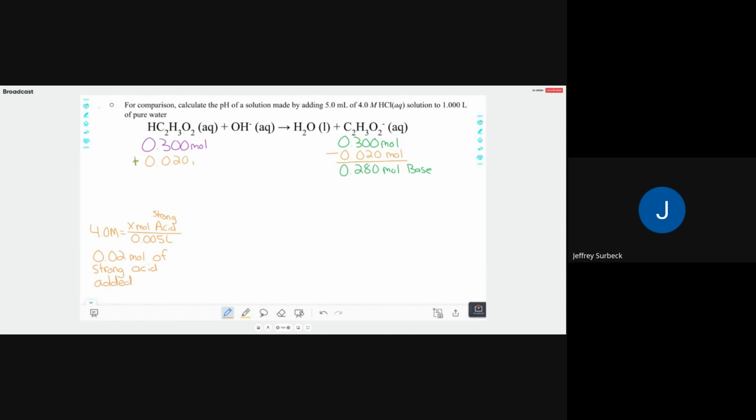0.02 moles on our acid side, and we would end up with 0.320 moles.